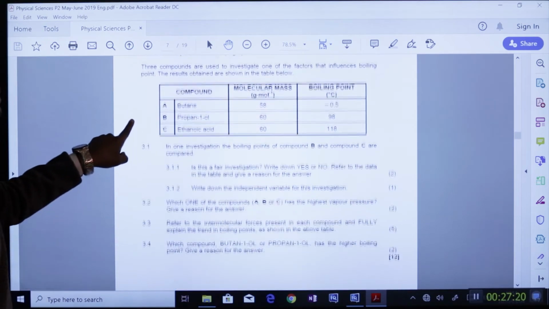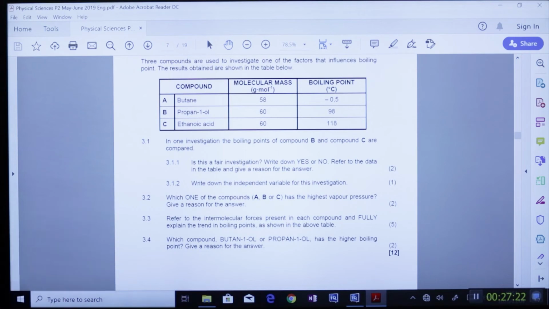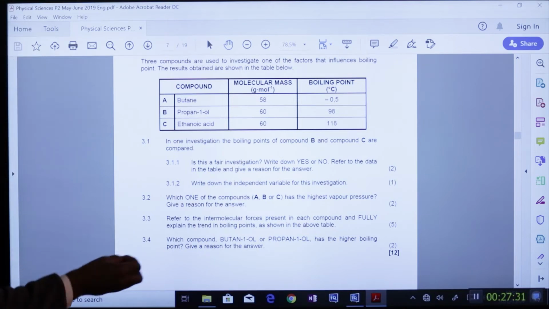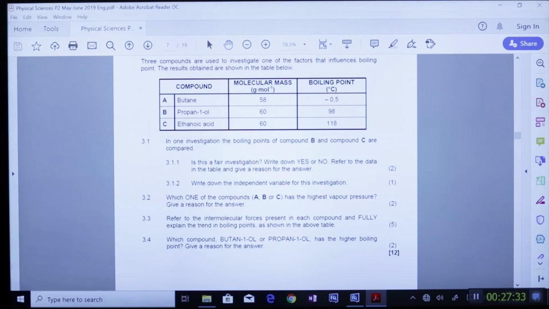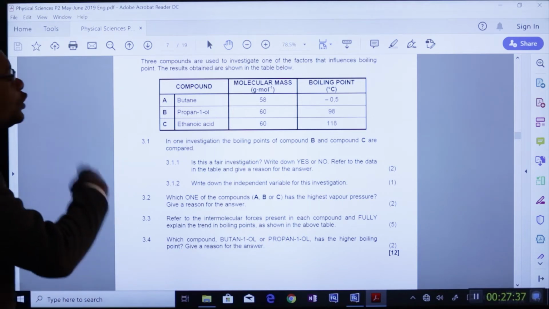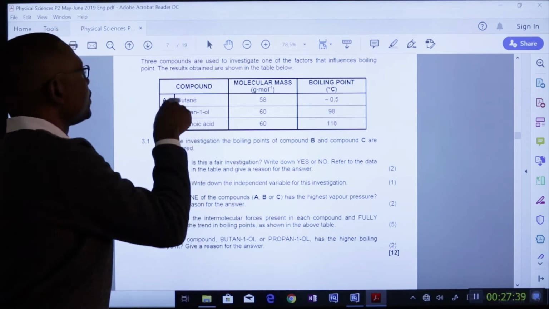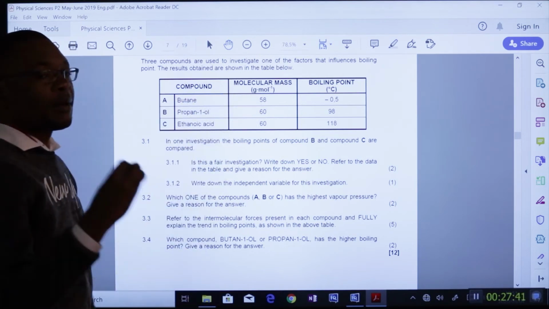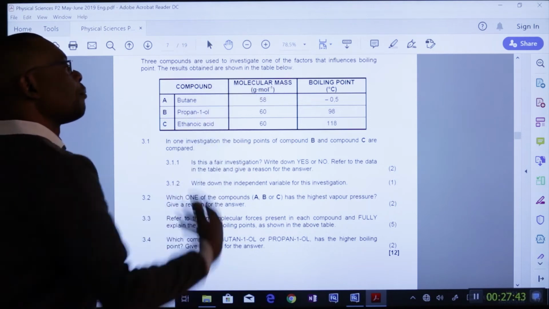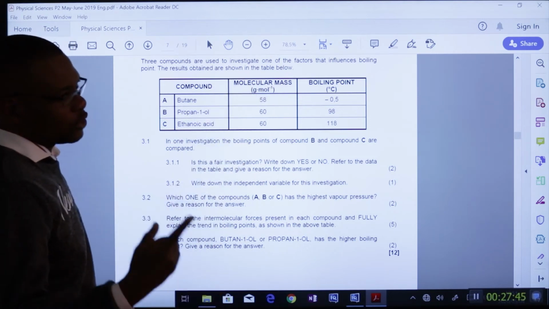So if you look at this, they're saying that 3 compounds are used to investigate one of the factors that influences boiling point. We agree that boiling point is the temperature at which a liquid boils, changes to a vapor. So here you've got a compound, butane, and then the molecular mass is 58, boiling point is minus 0.5.